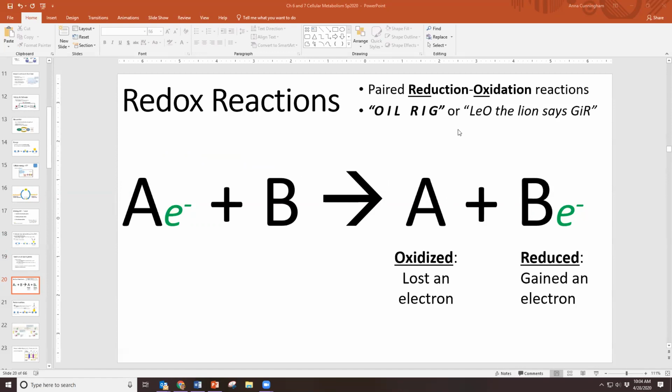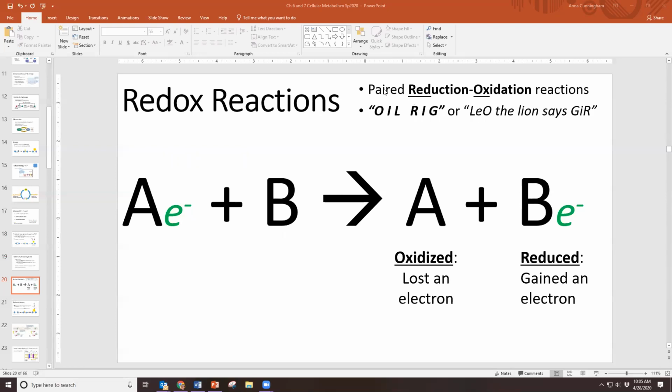If A loses an electron, it is said to be oxidized. Again, we don't want electrons hanging out because they can do a lot of damage. So A lost an electron, A was oxidized, but B received that electron, it grabbed up that electron. Because B grabbed that electron, B was reduced. Its charge was reduced because it gained an electron.